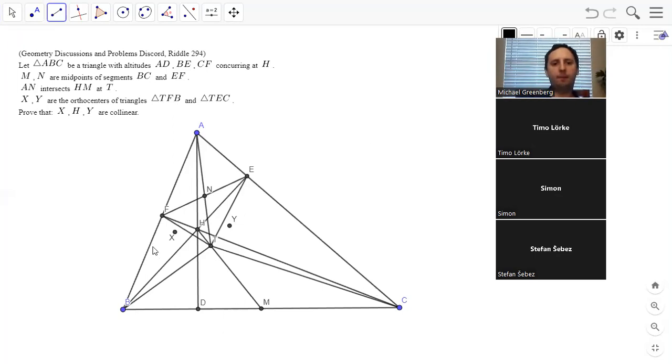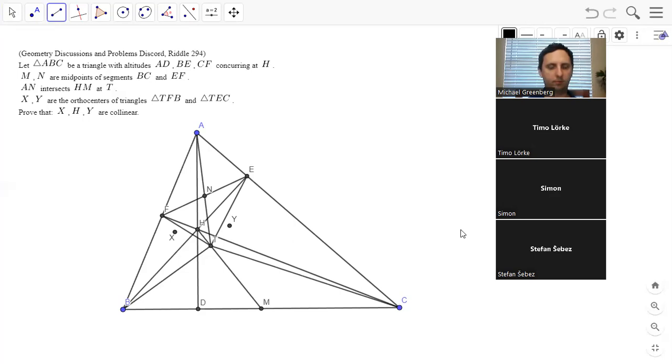HM passes through the antipode of A. I don't know if it's worth drawing that or not. So do you remember what progress you made on this?